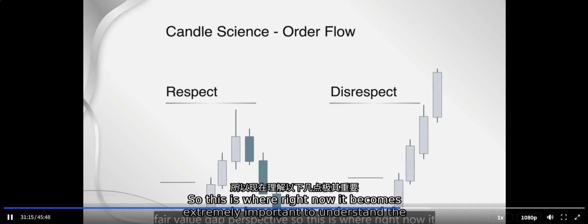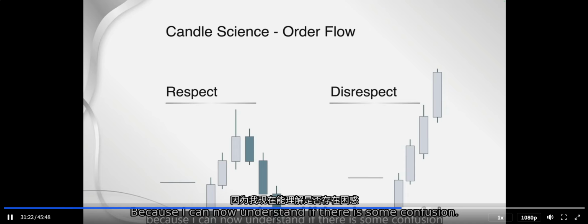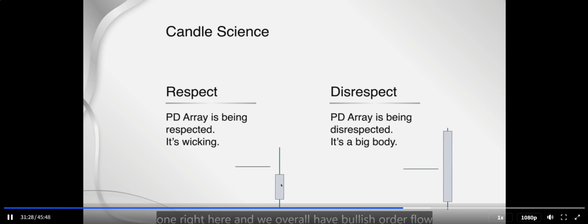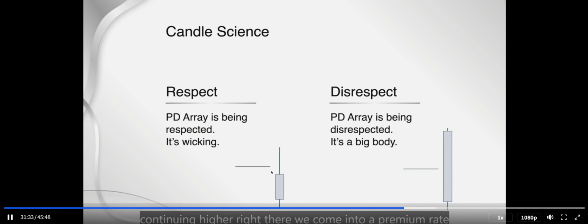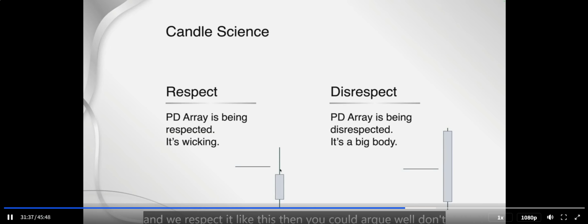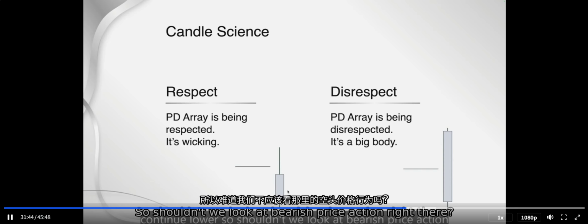So this is where right now it becomes extremely important to understand the following, because I can now understand if there is some confusion, because when we come out of a premium array, let's say this one right here, and we overall have bullish order flow continuing higher right there. We come into a premium array and we respect it like this, then you could argue, well, don't we have order flow right there on the lower time frame to continue lower? So shouldn't we look at bearish price action right there?